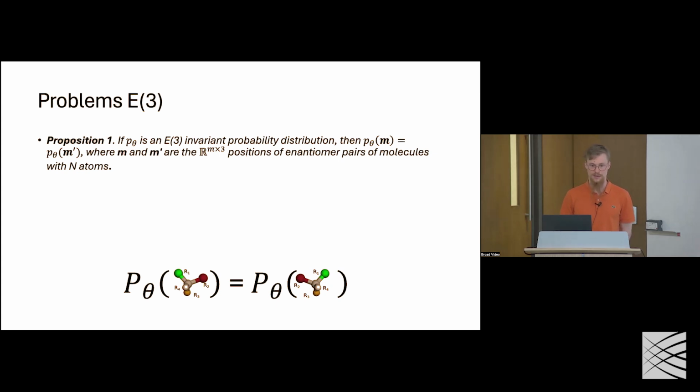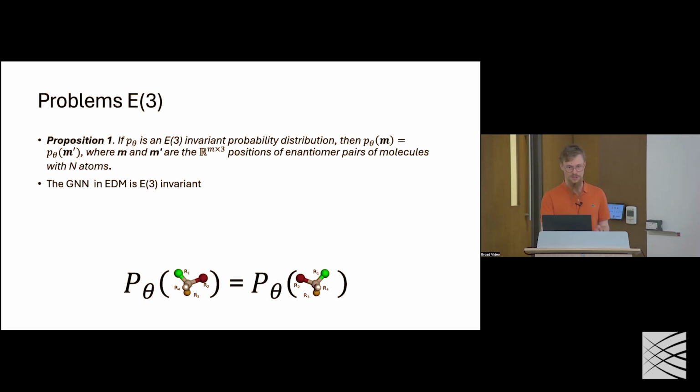This is quite bad. For example, if we want to model a data set of highly metabolizable molecules, and this is very dependent on the chiral configuration, this is not good with an E3 invariant method, because it will just randomly choose 50-50 which enantiomer comes out.